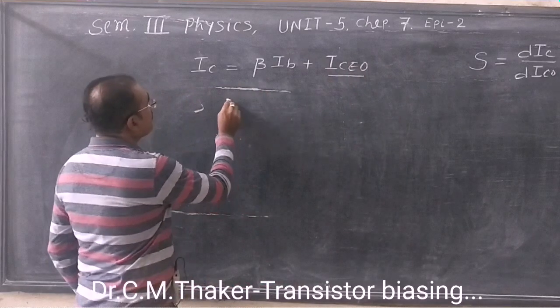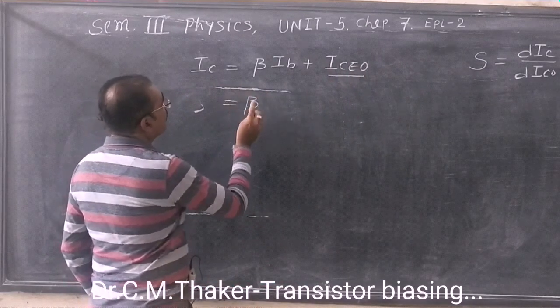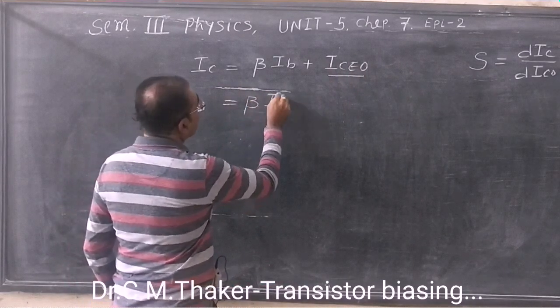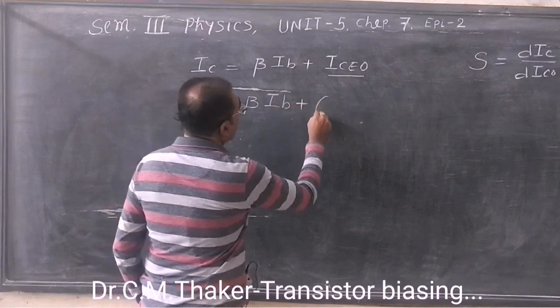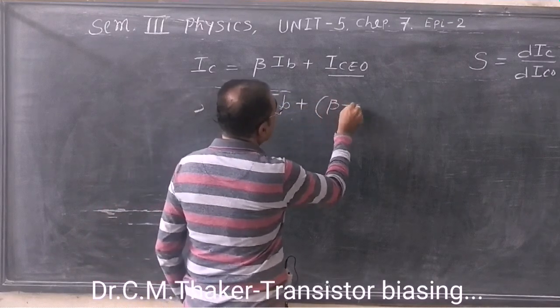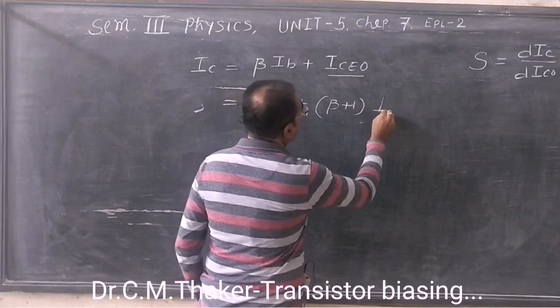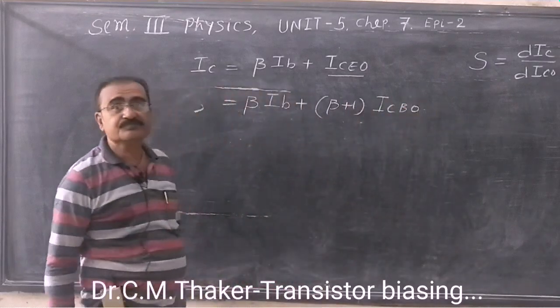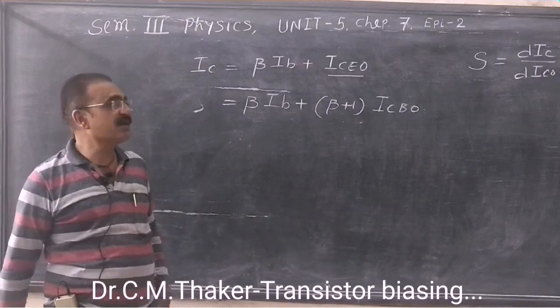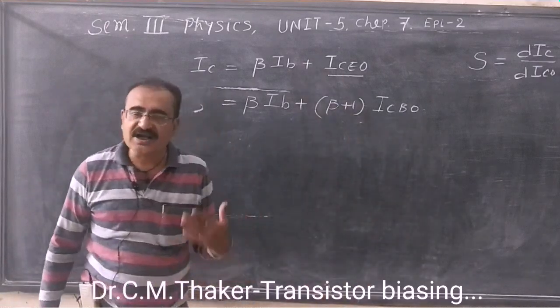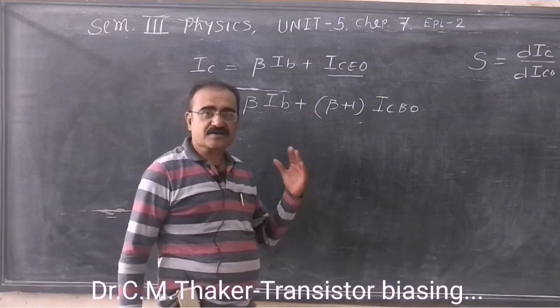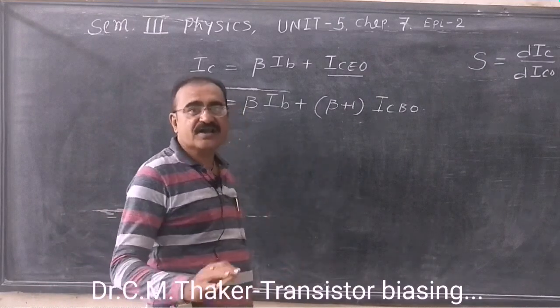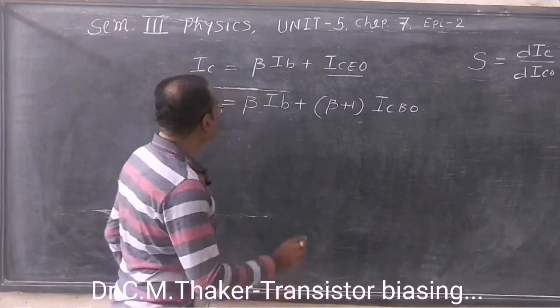Now let us transform this equation in terms of beta. That is beta IB plus (beta plus 1) ICBO. Now we have two terms, one is ICBO, another is ICEO, so in general we would like to mention it simply as ICO.